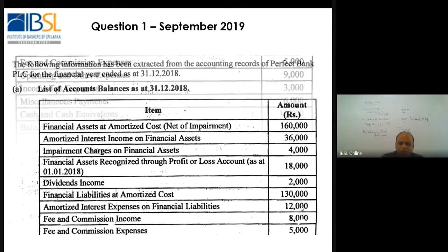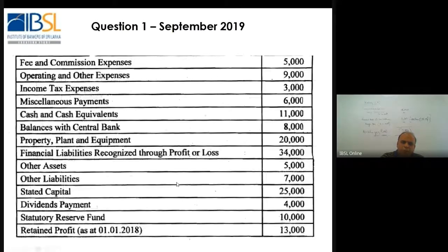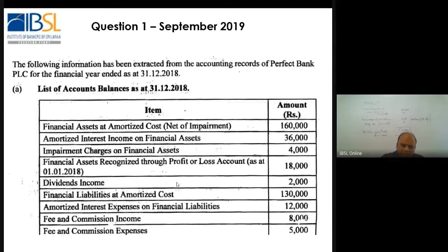So they talk about amortized interest expense of 2000. So when you amortize your interest expense, it will get debited to your P&L by 2000. So which means this will go up by 2000 to 14,000, and the credit will go to financial liabilities at amortized cost. Do you see? And this will go up by 2000.